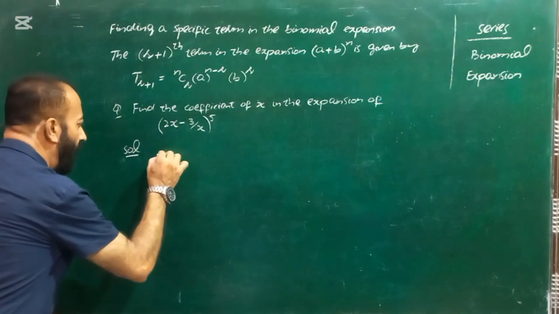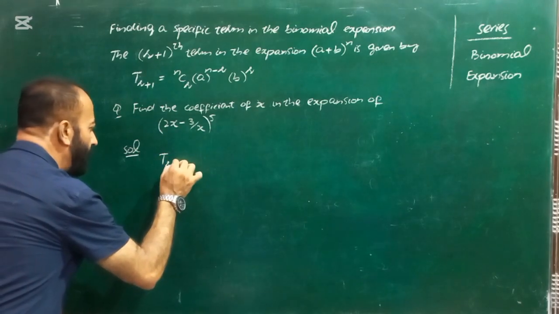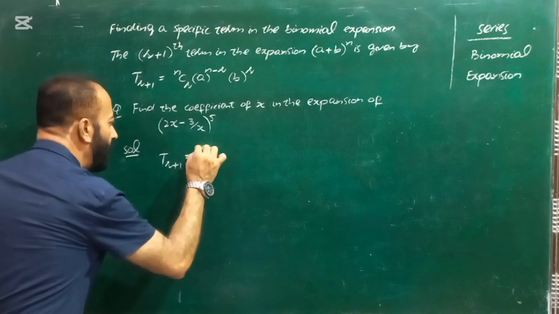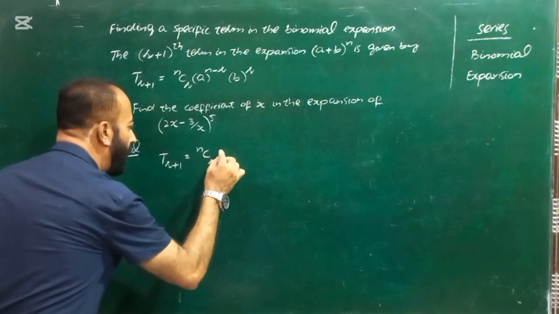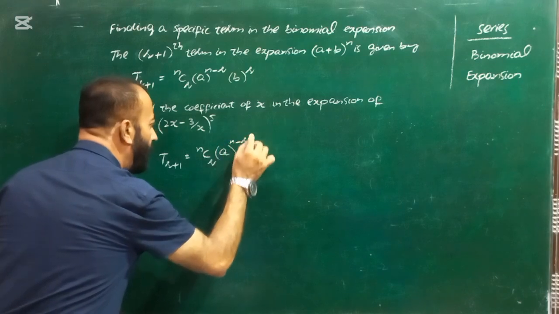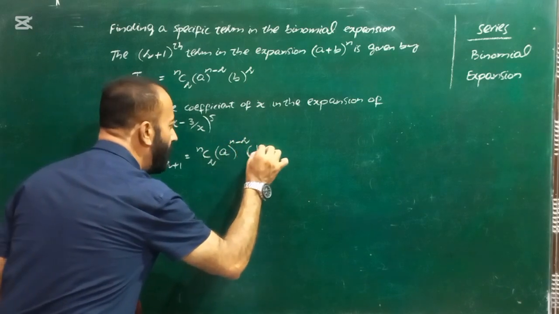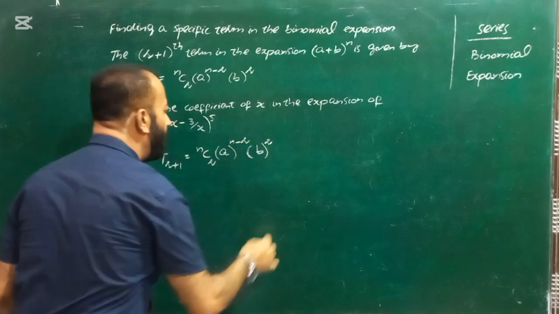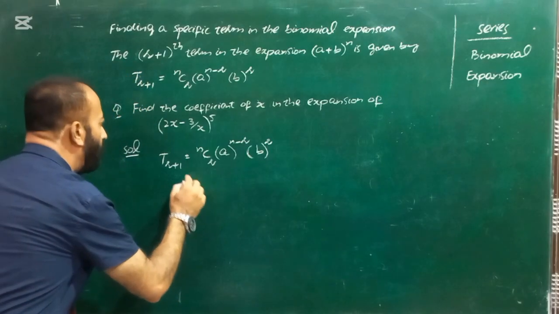first we will write the formula for the specific term, that is T(r+1) is equal to nCr a raised to the power n minus r into b raised to the power r. So now we are going to put the values into the formula.